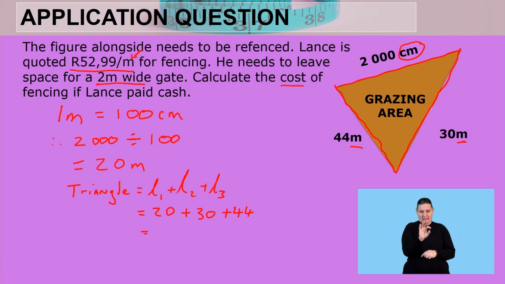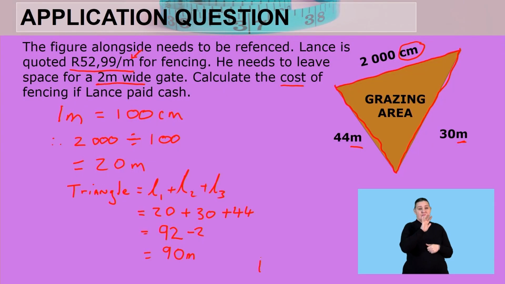Any one of them could come first, second, or last. My answer there is 92. Remember, that's 92 meters to cover the perimeter of the shape. But I've got to take away 2 meters for the gate. So I subtract 2 and end up with 90 meters. Nice work, we're almost there.